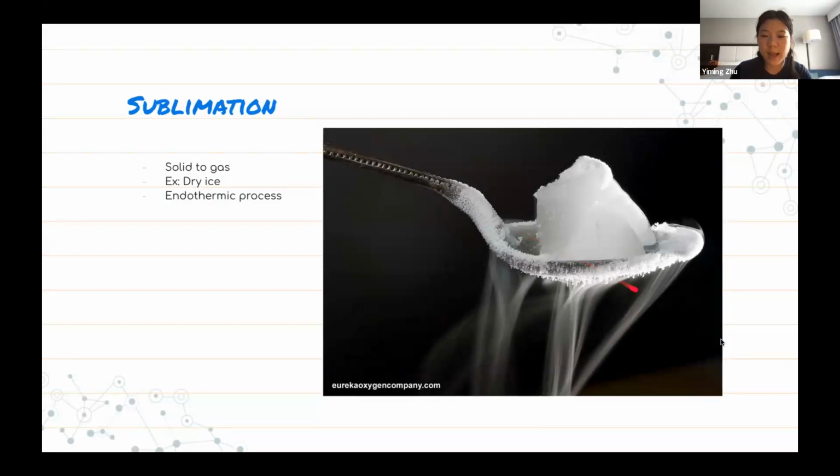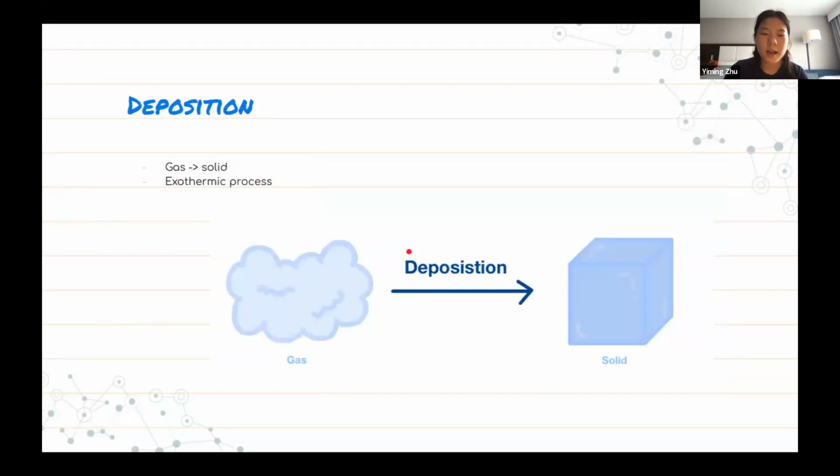For example, with dry ice, you have this block of ice, and instead of melting into water, it's actually just releasing gas. I think this one should probably be the last one. This is a gas to a solid, so it would be sort of like making the dry ice.